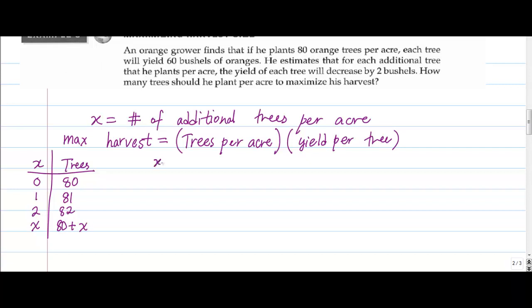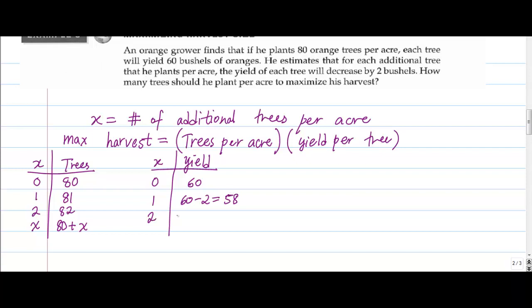And then his yield, so if he starts off planting 0 additional trees, each tree will yield 60 bushels of oranges. If he plants 1 additional tree, it says for each additional tree, the yield of each tree will decrease by 2 bushels. So it'll go 60 minus the 2, which will be 58.